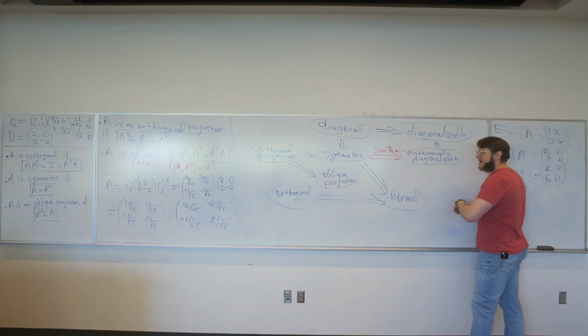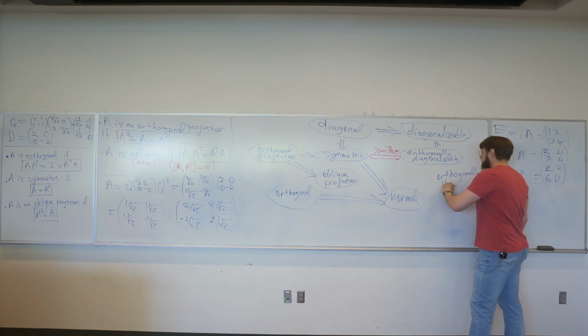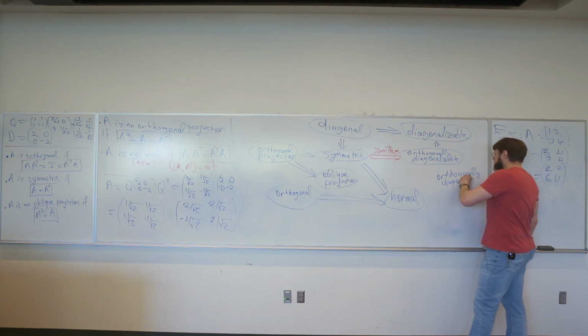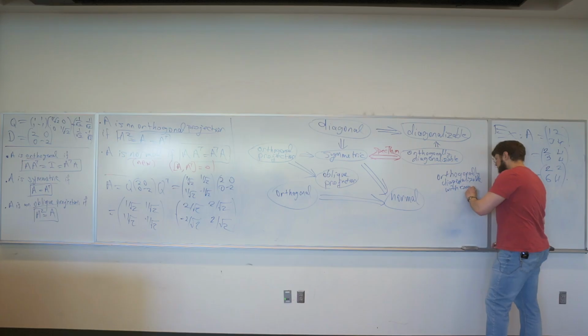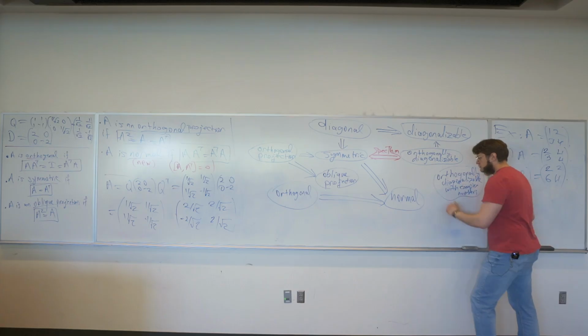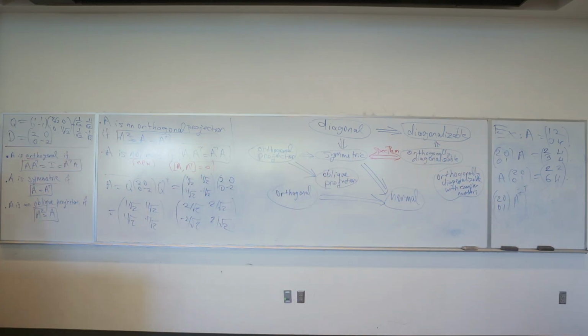So unitarily diagonalizable is the proper word, but orthogonally diagonalizable with complex numbers. And again, the spectral theorem for normal transformations gives you this. We're not going to even discuss it any further.